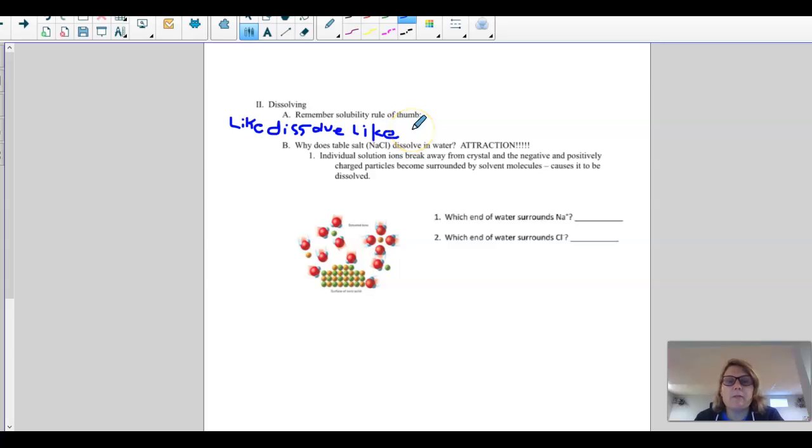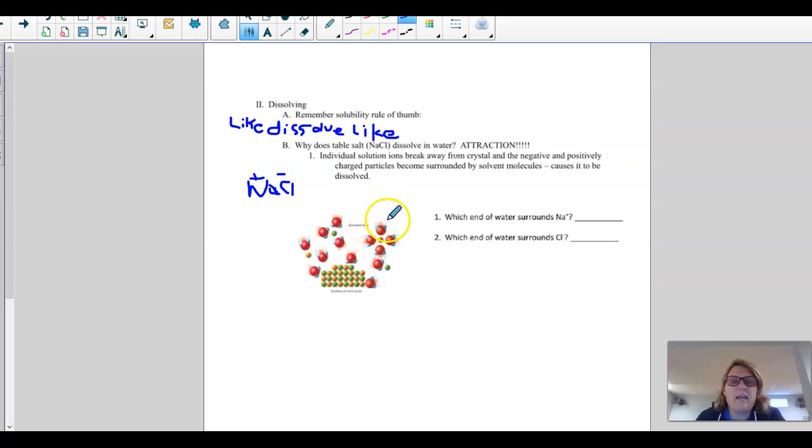So why does table salt dissolve in water? It has to do with attraction. So when we talk about table salt, it is NaCl. It has a positive end and it has a negative end.